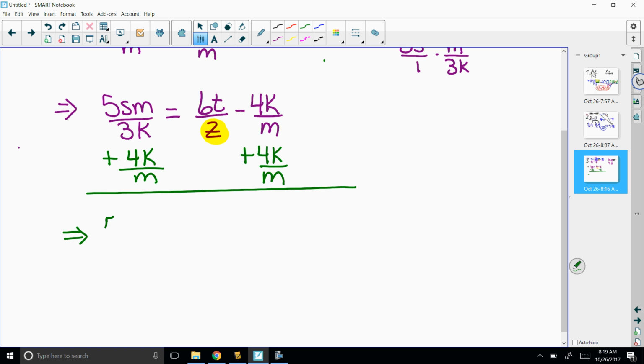So that leaves you with 5SM over 3K plus 4K over M, and that's equal to 6T over Z. Agree so far?